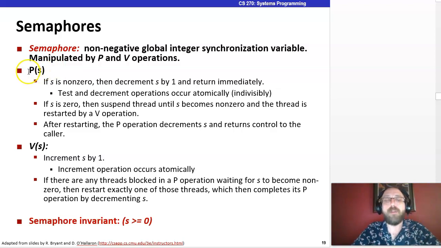So the P operation, if our semaphore is non-zero, then it decrements the semaphore and returns immediately. Those have to happen atomically, indivisibly. We have to do that in such a way that no thread can come in and do something with S in between checking if it's non-zero and decrementing.